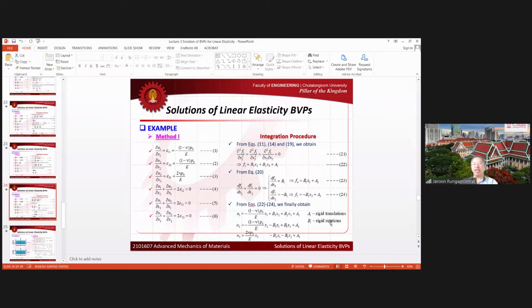Okay, they can be arbitrary. So I can conclude that the displacement field that we got here is not unique, because this part, the rigid body motion part, is still unknown, right? It can be anything. Okay.